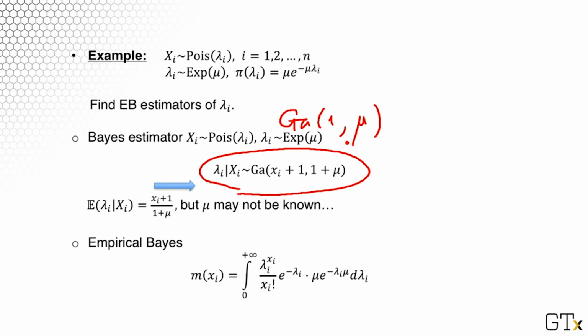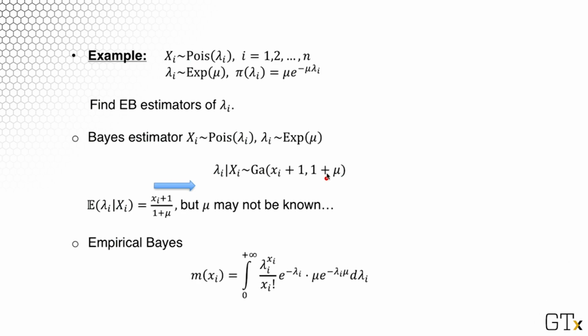So the expected value for lambda a posteriori is xi plus 1 divided by 1 plus mu. However, this mu is a hyperparameter, and it may not be known. So we are going to do this by empirical Bayes. We are going to take a look at the data and specify mu from the data, and then continue our inference in traditional Bayesian fashion.